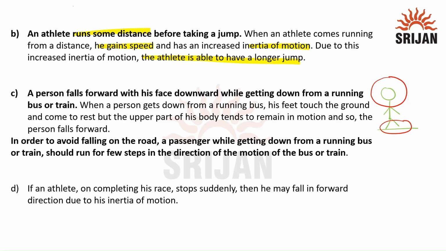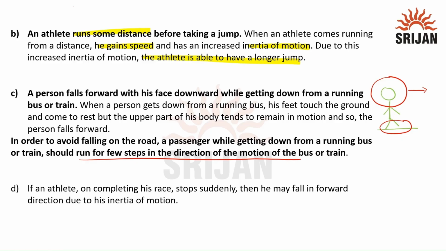So when he gets down from the bus, the lower part which is in contact with the ground comes to rest, but the upper part tends to remain in motion, due to which he may fall forward. To avoid falling, a passenger while getting down from a running bus should run a few steps in the direction of motion of the bus.